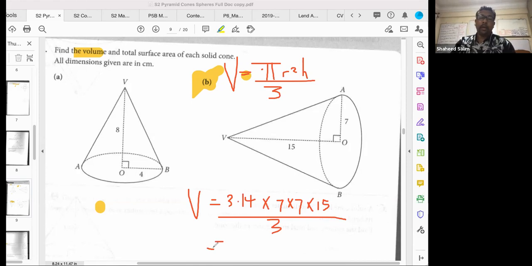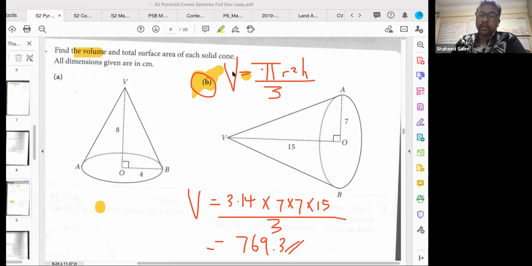Okay, you will get the answer. Which one are you doing? A or B? We're doing B. So 3.14 is the pi, r squared: 3.14 times 7 times 7, then times 15. Answer divided by 3. So the answer is 769.3, or you can get 770 also possible.